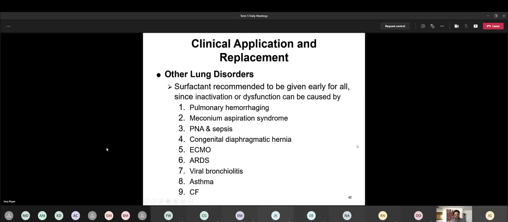Now, we've tried surfactant with adult patients at the last place I worked, and we didn't hold out much hope for it. We just figured it was more so the pharmacist. The pharmacist wanted to try and see what will happen, because I think the pharmacist was trying to publish something.